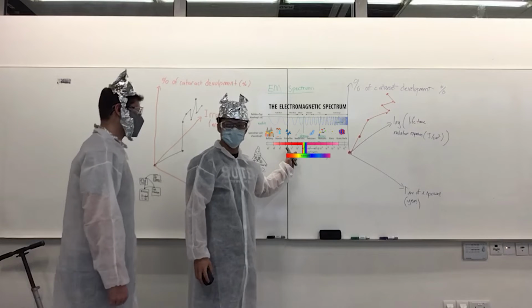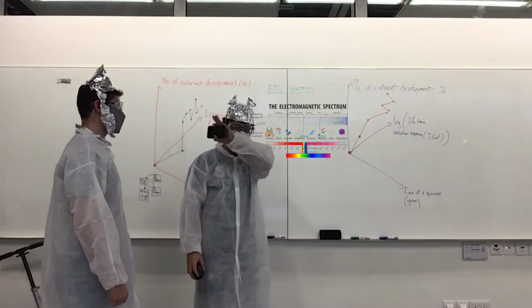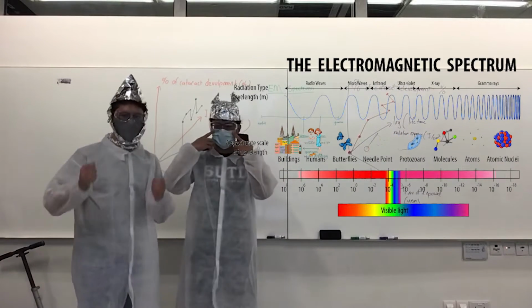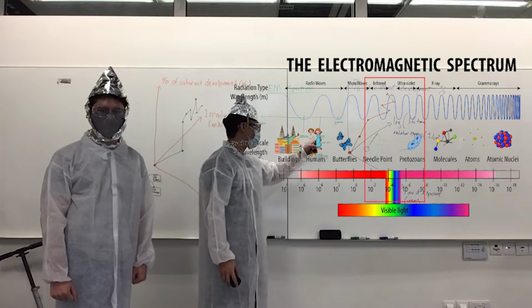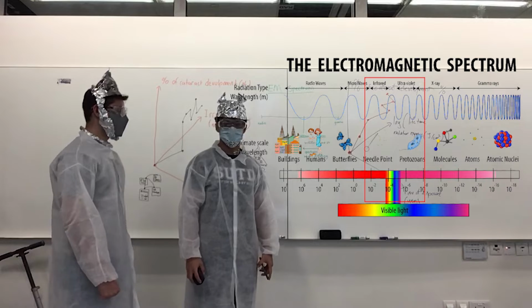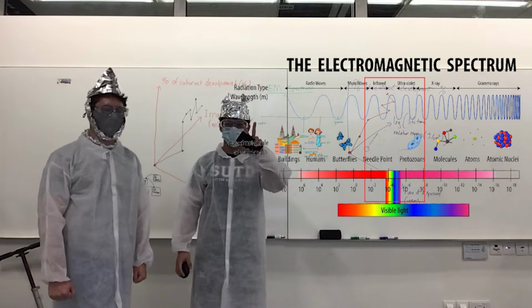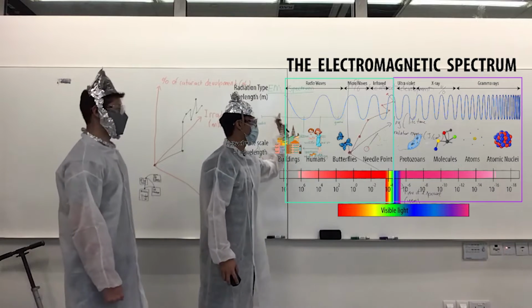However, the vast majority of the other parts of the electromagnetic spectrum are invisible to the human eye. There are specific frequencies of the electromagnetic radiation spectrum, separated into two categories: ionizing and non-ionizing.